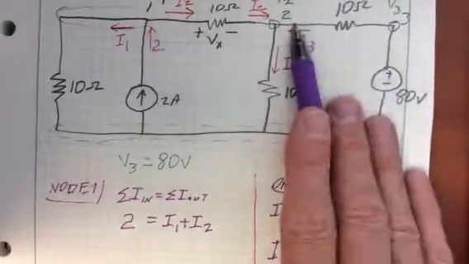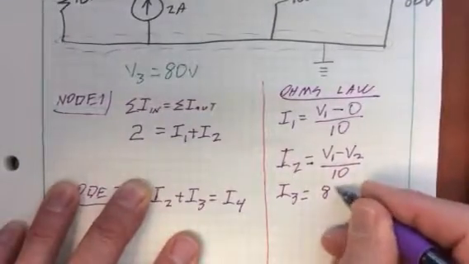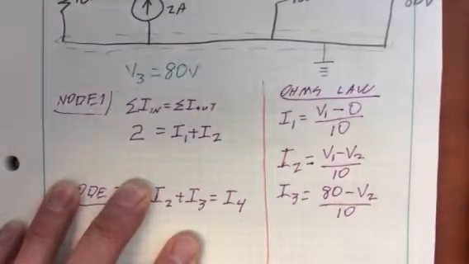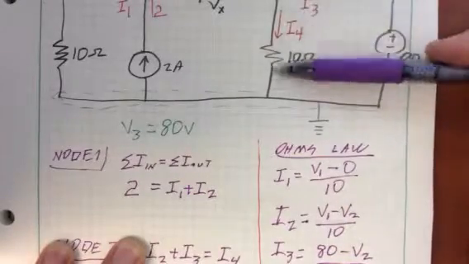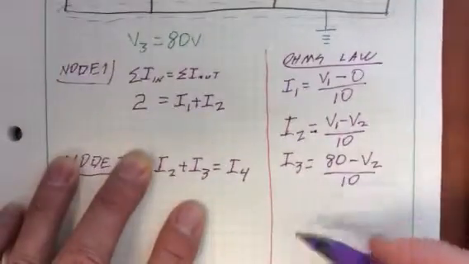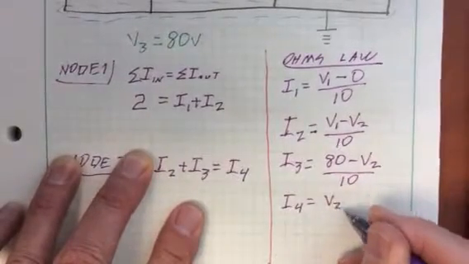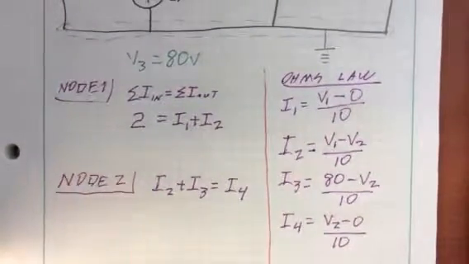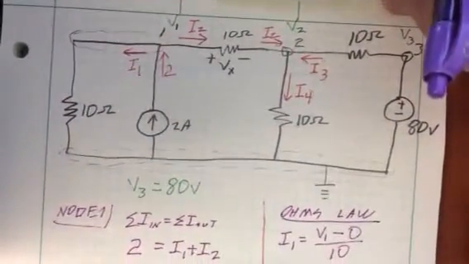This voltage is 80, that voltage is V2, so it's 80 minus V2 over 10. For current 4, the current's flowing from top to bottom, so it must be this voltage minus that voltage, V2 minus 0 over 10. There's my 4 currents using Ohm's law and my original circuit.